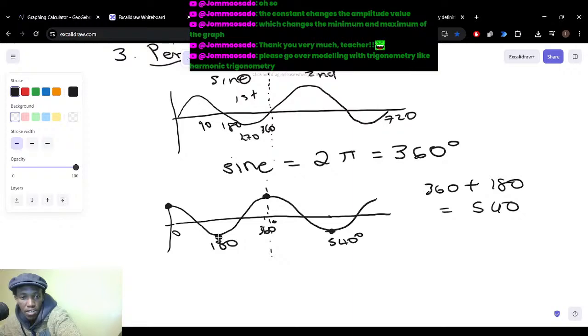So it reaches the same height after 360 degrees as in the same of the sine graph. This point here, or rather this height, is reached once again after 360 degrees. Right, moving on.